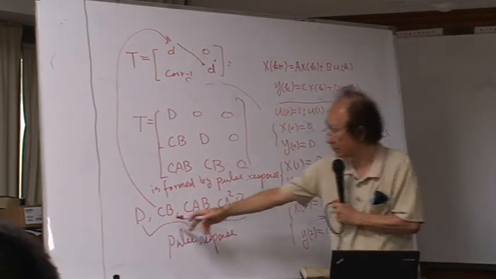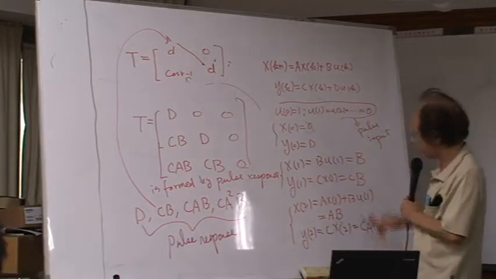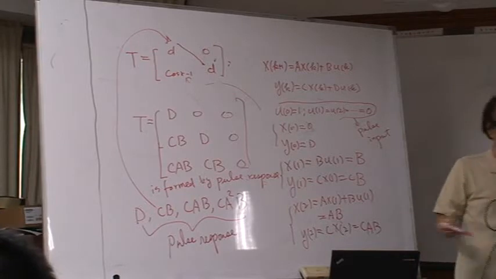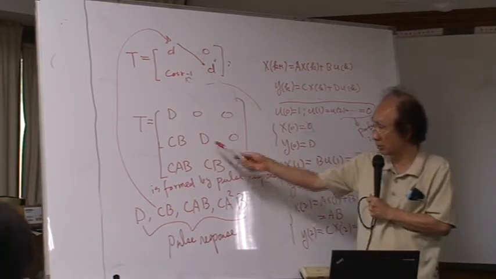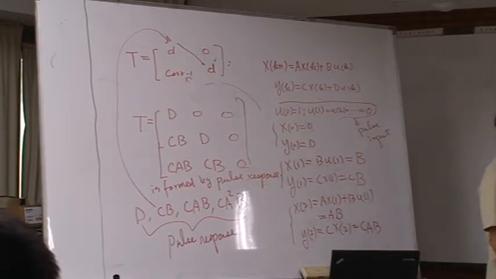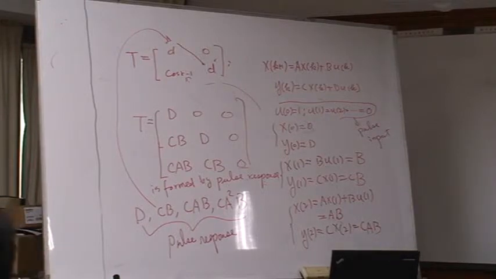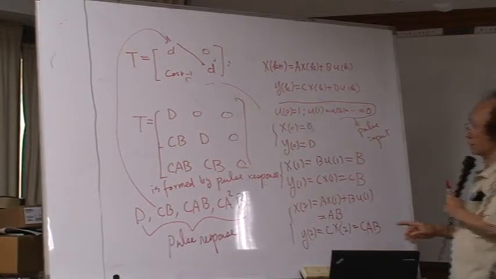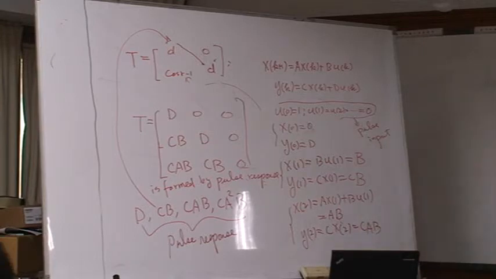Okay, that's this, and that's this. So this is the message I tried to give to you. All right, so now we have a T. We got T, that's our T. So that T is now from the pulse response.